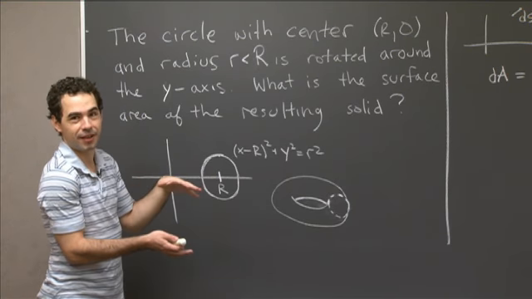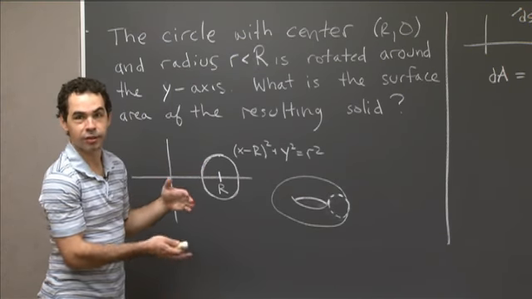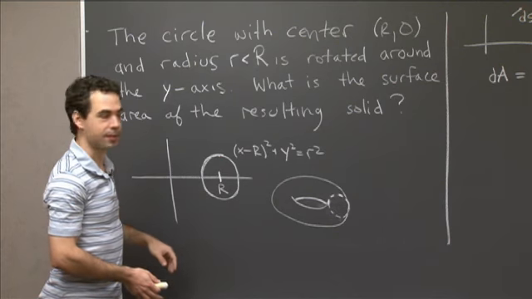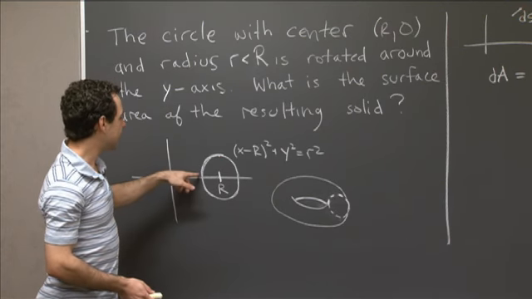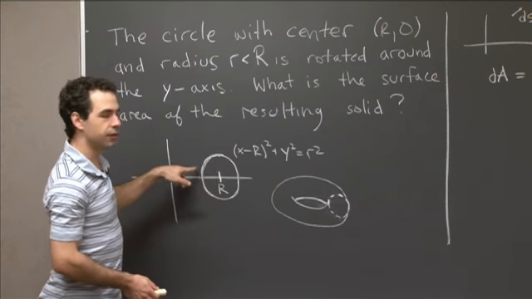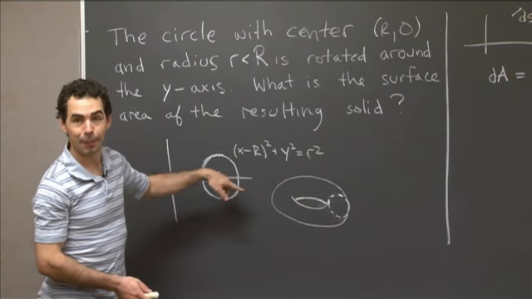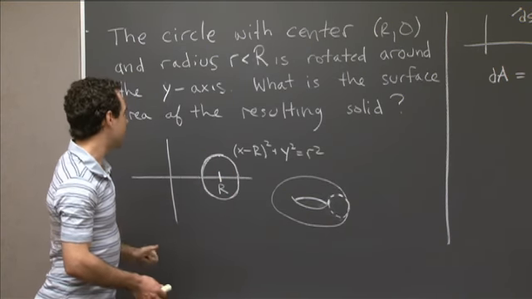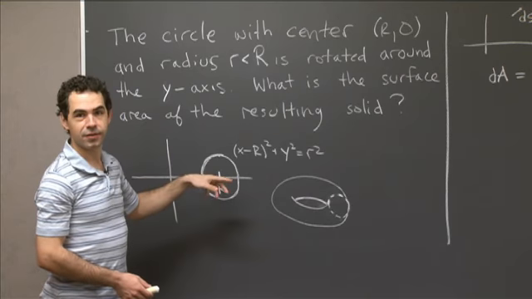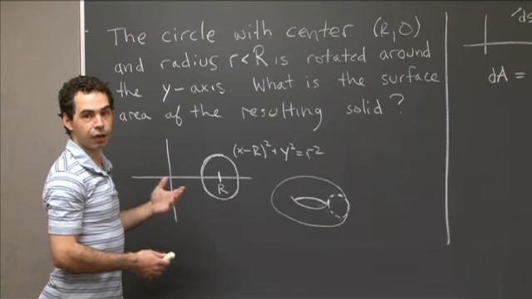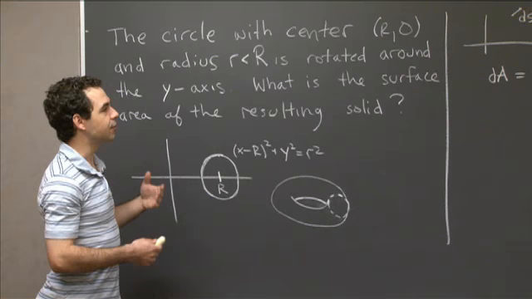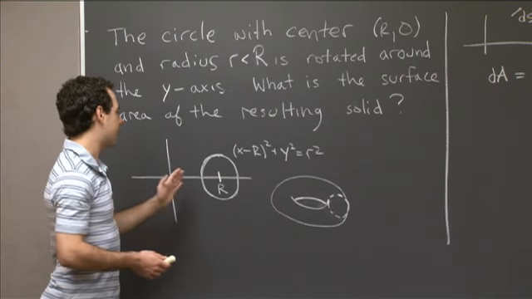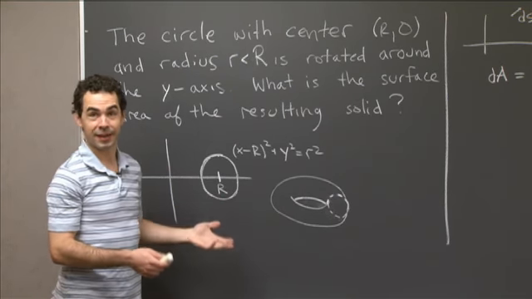But those two surfaces have exactly the same area. They're just mirror images of each other because the circle is symmetric. So we can just consider the problem of spinning the top half of the circle around. And so for the top half of the circle, we can write down an equation for y in terms of x. And then that sets up a nice integral with respect to x.